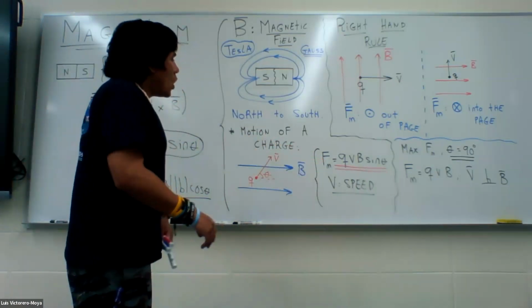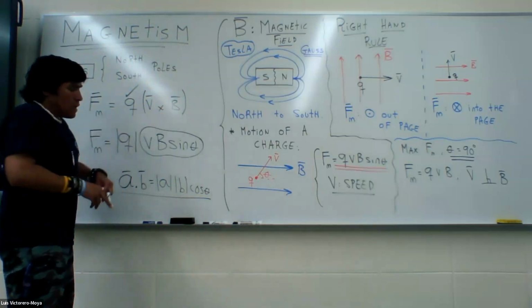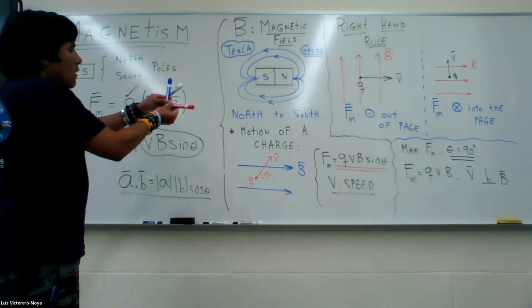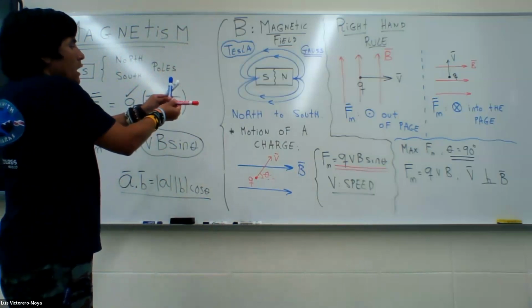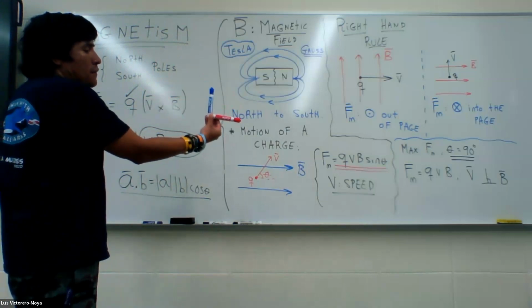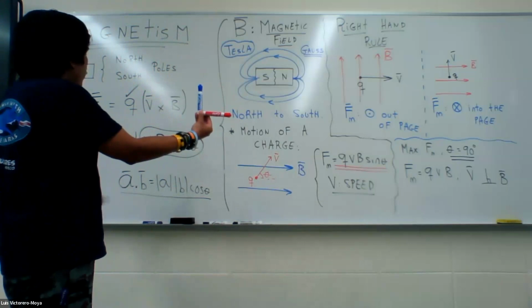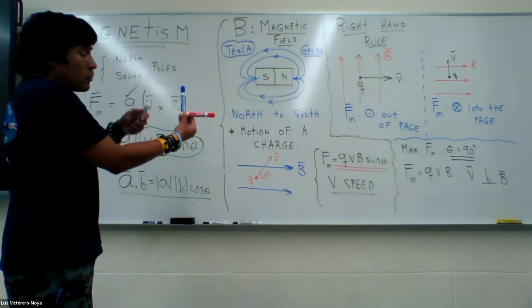All right. Okay. So why is this important? Because V cross B means vectors that may be perpendicular. If you have V and B perpendicular like this, the force has to be perpendicular to these two vectors.